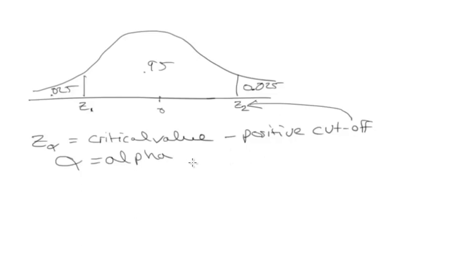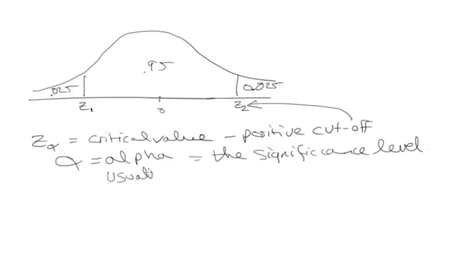I've had students call it the fish, and I don't mind. Alpha is the significance level. And we will talk more about the significance level, but usually the significance level is 5%, 0.05. So in this context, we're talking about 95% in the middle and 0.025 in the tails.